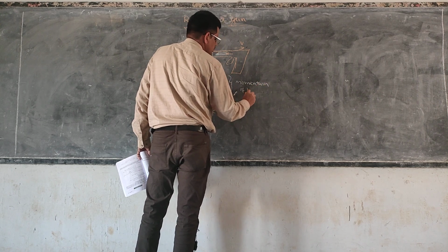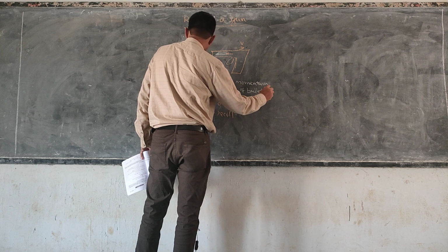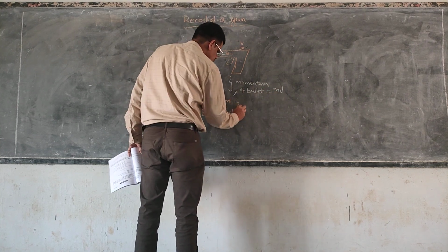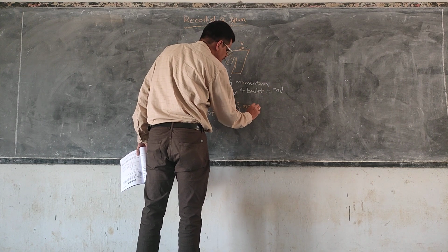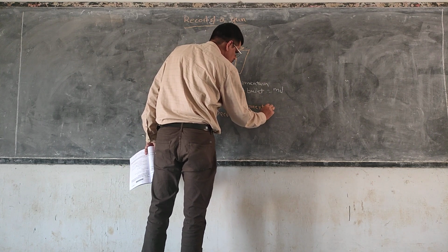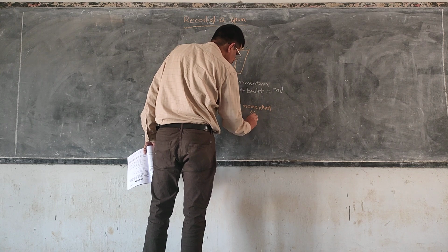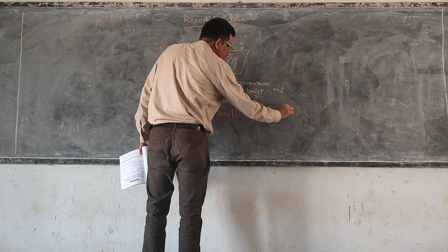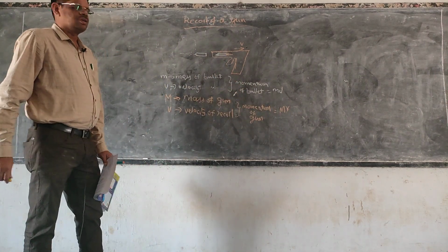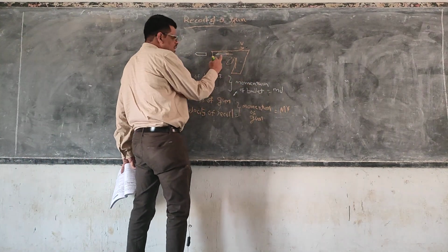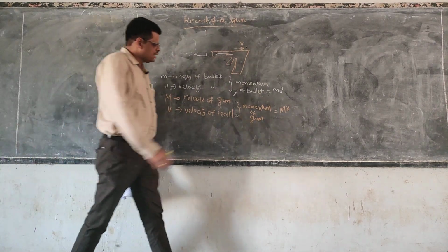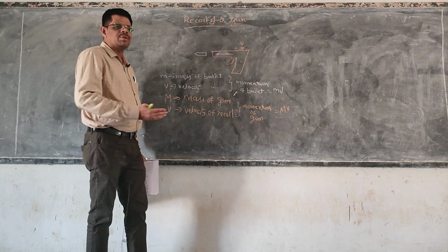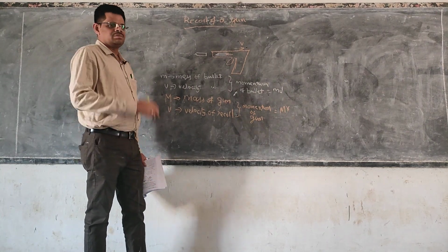Momentum of the bullet, which is m into u. Similarly, momentum of the gun is equal to capital M into V. So mu is the momentum of the bullet which is moving out of the gun, and M into V is the momentum of the gun which is moving backwards due to the recoil.